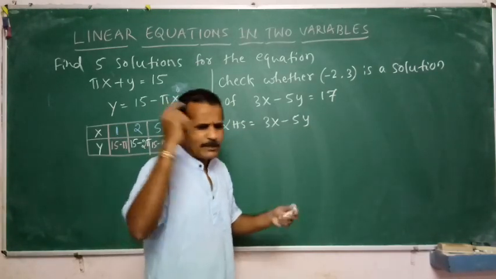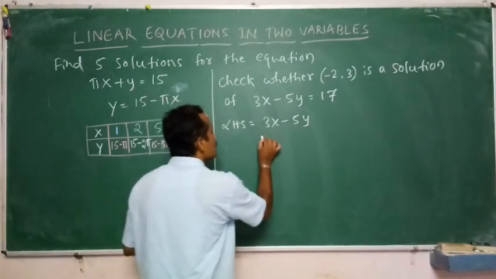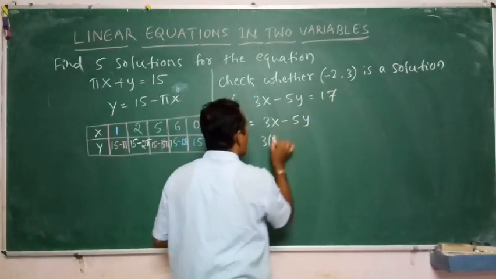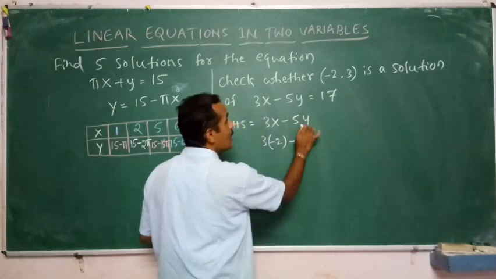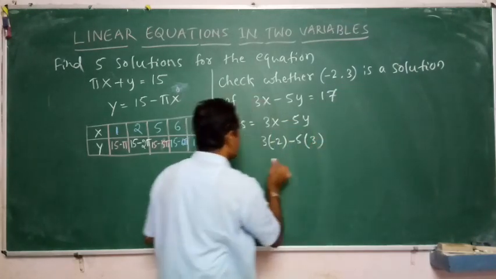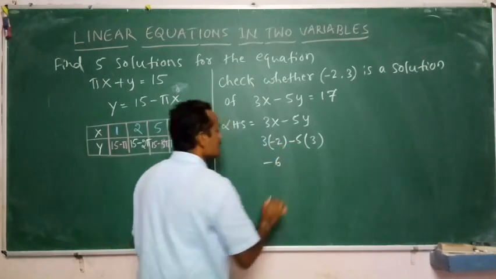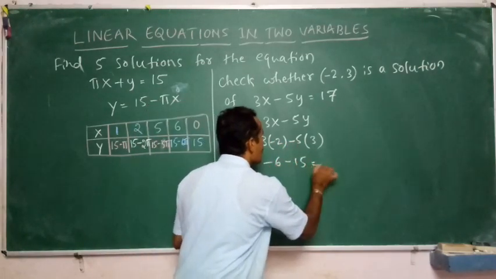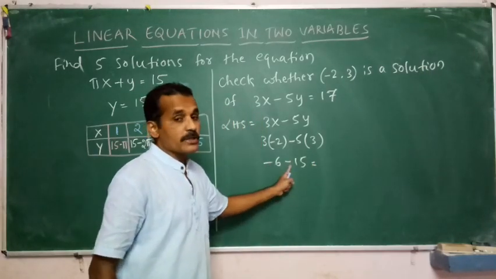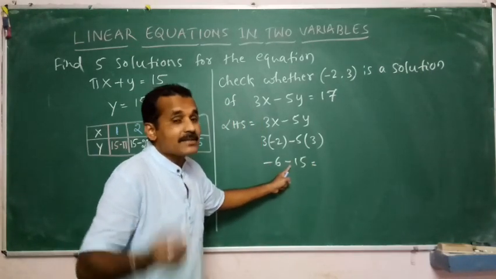Very simple. 3 into the x value, minus 2, minus 5 into the y value, which is 3. It is minus 6 minus 15. When both are minus, keep the minus and add the numbers.